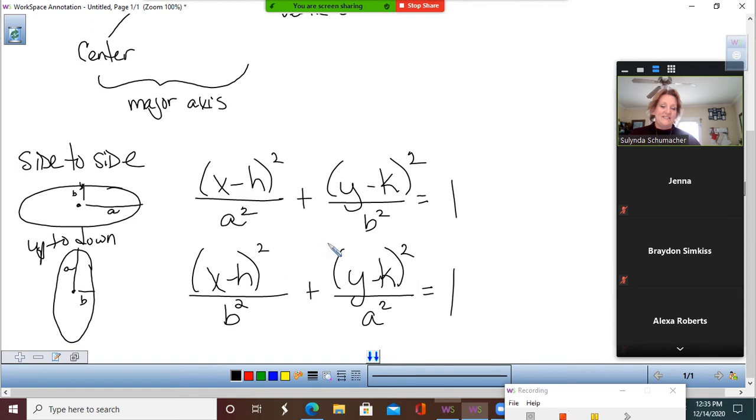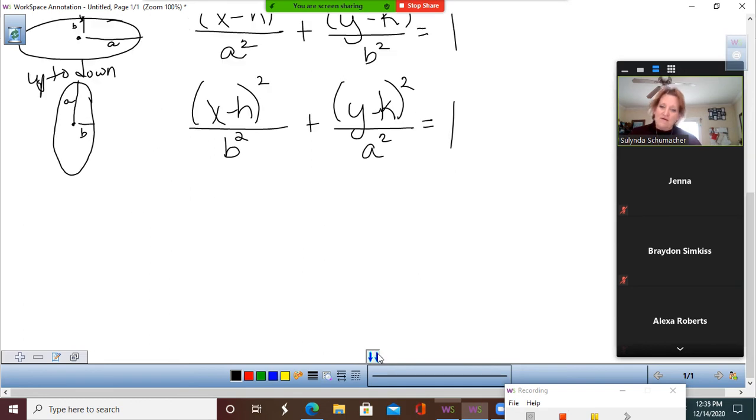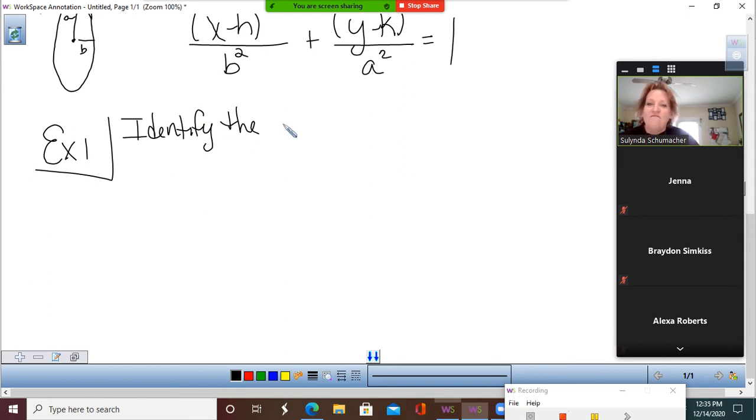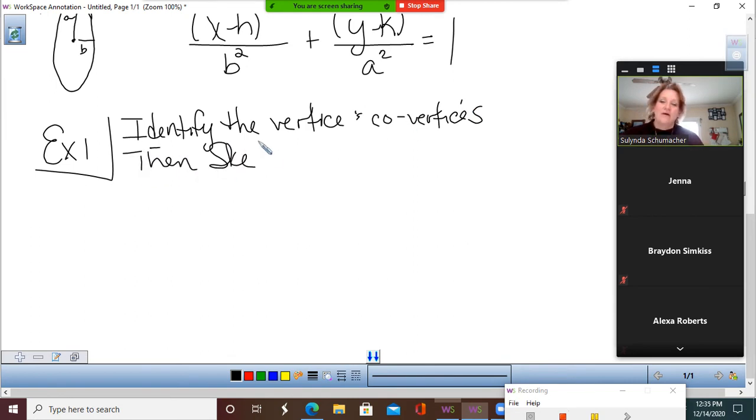All right? So I think the easiest thing to start with is graphing some. Let's talk about graphing them. All right, so example number 1. I want you to identify the vertices and co-vertices, then sketch the graph.